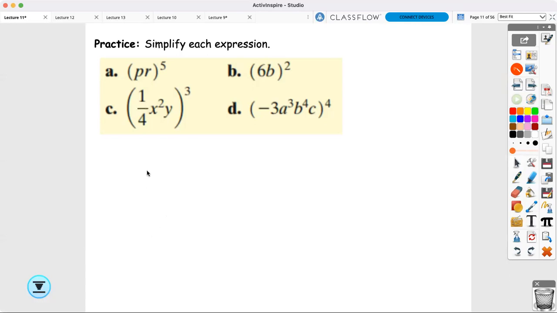Has anyone else worked out C and would like to share their answer real quick?